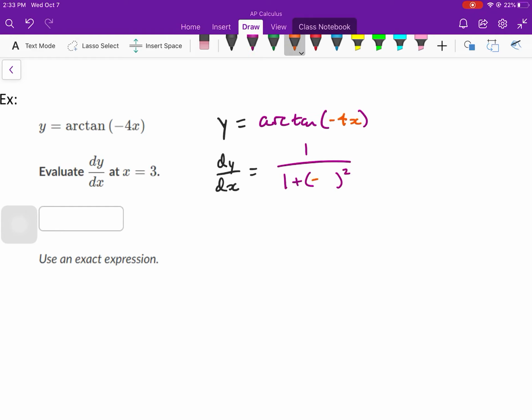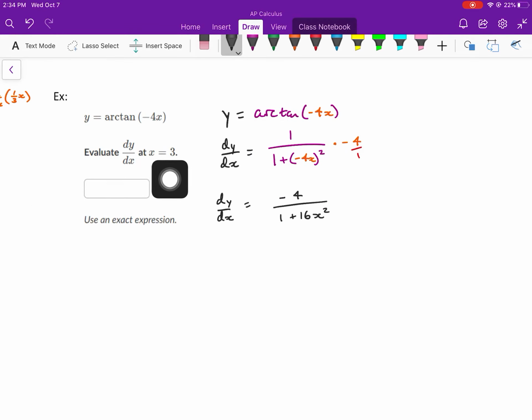But in this case, we're going to use negative 4x, times the derivative of the inside, which is negative 4. Let's simplify this a bit. Technically that's over 1, so we're going to have negative 4 on the top over 1 plus 16x squared. So that's our dy dx.